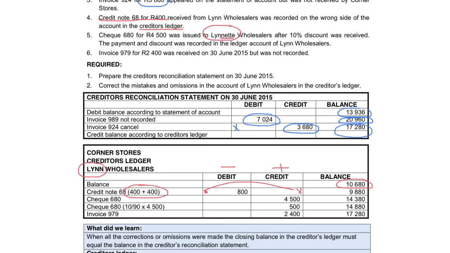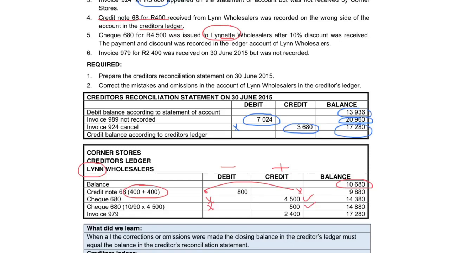Now, when they entered this, they would have showed that the credit is reduced, so they entered the check on the debit side and they recorded the discount on the debit side. Because it is in the wrong creditor's account, it must be taken out here, so it means that you will have to go and credit it with 4,500 and credit it with 500 to correct the two mistakes that were made on the debit side.